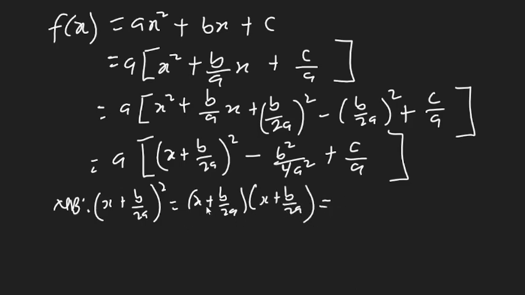This gives us x multiplied by x is x squared, plus x multiplied by b on 2a is given as bx on 2a, plus b on 2a multiplied by x is given as b on 2a x, plus b on 2a multiplied by b on 2a is given as b on 2a all squared.